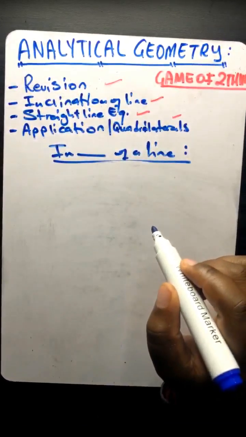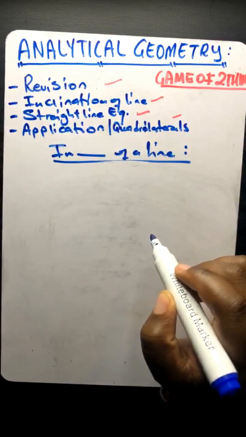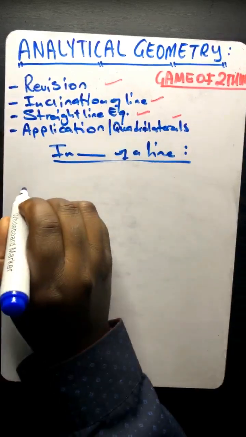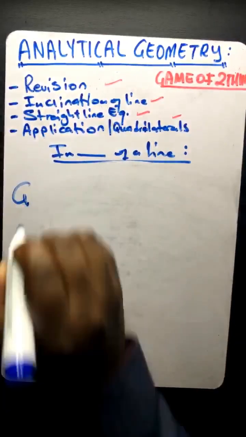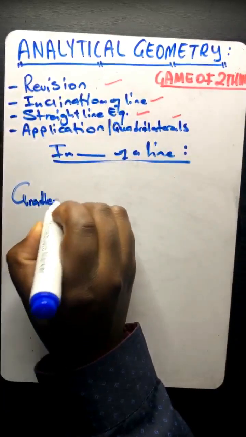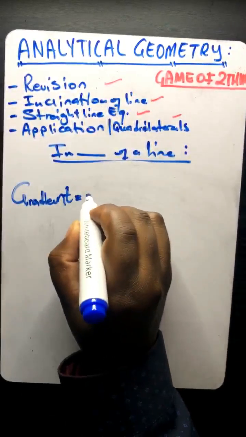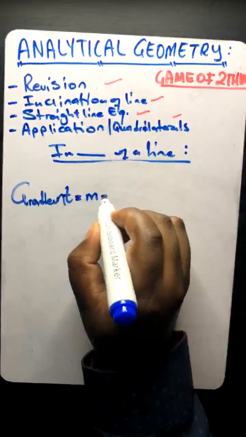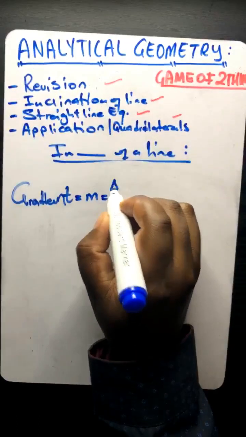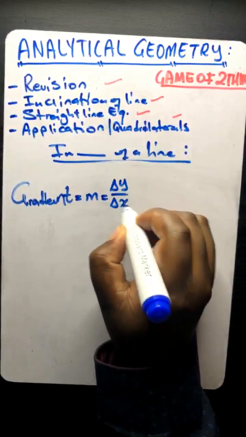I want to actually remind you of something very important. The gradient, which can be written as, let's say, a word, a gradient. We know that it is represented by that small letter m, which is a change in y over change in x.